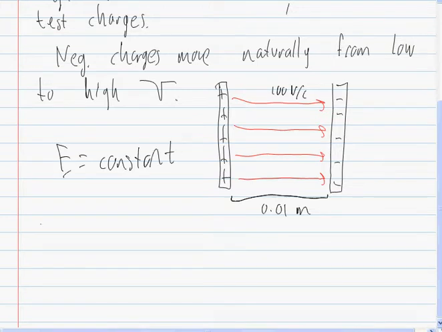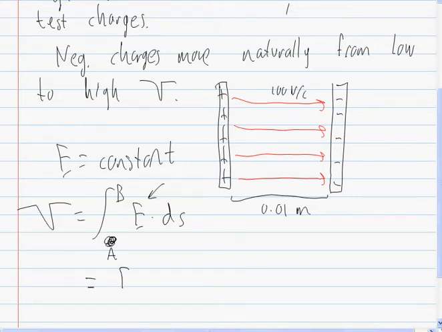So the potential from A to B is the integral of E dot ds. This is a constant, so we're just going to get E times (A minus B), or Ed.